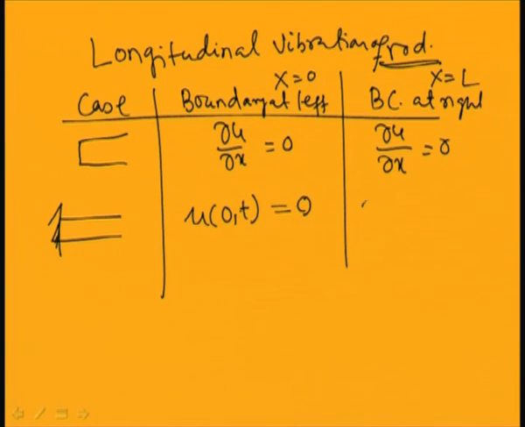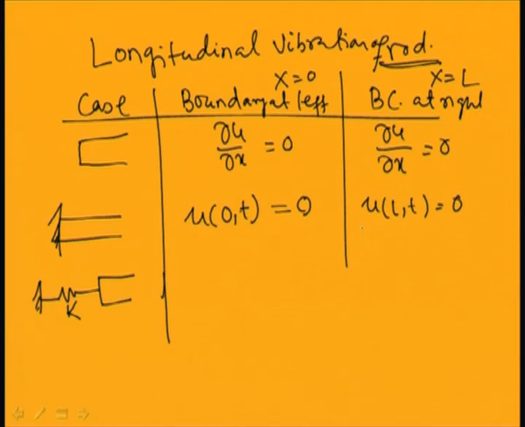Similarly, at the right end also u(L,t) will be equal to 0. Now, let the end be spring loaded. Let us put a spring k at the left end in case of the longitudinal vibration of the rod, that means when the rod is vibrating along its length, at the left end or right end.